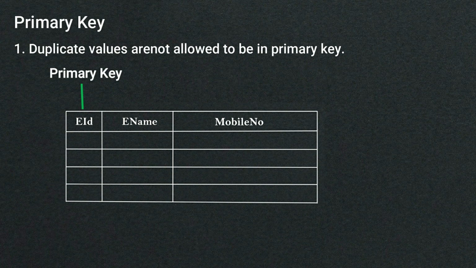So let's insert values in the first row of this table: employee ID 1, employee name Dawa and a mobile number. Here you see there is no question of a duplicate value in the first row, and I have not left any of the three columns blank. I have given characters in place of characters and a number in place of a number. So this value will be stored in the table.